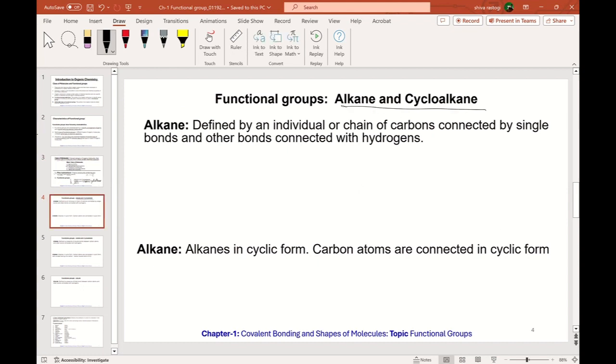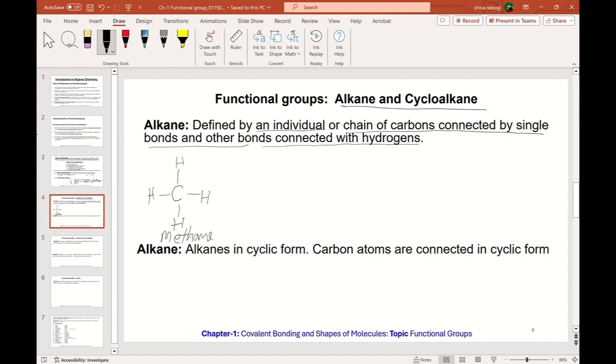So what are alkanes and cycloalkanes? Alkanes are defined by an individual carbon or a chain of carbons connected by single bonds, with the other bonds connected to hydrogen. For example, methane. If we have one carbon and it is connected to 4 hydrogens, this is methane.